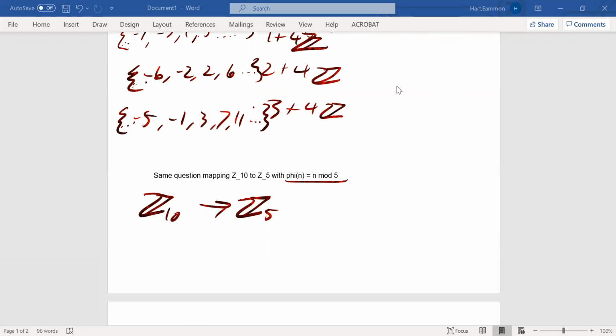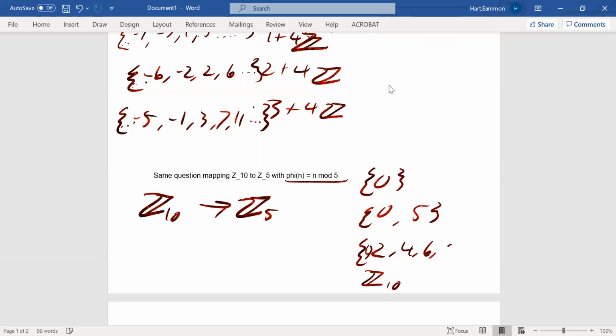Come on. So Z10, the identity is one of them. You would have 5 and the identity. You would have 2, 4, 6, 8 and the identity. Am I missing one? I don't think so. That's it. Oh, and then Z10 itself, technically. Oh yeah. Cool.